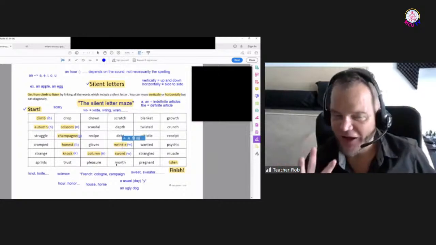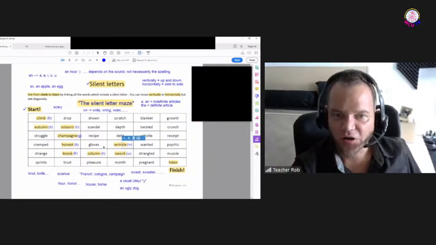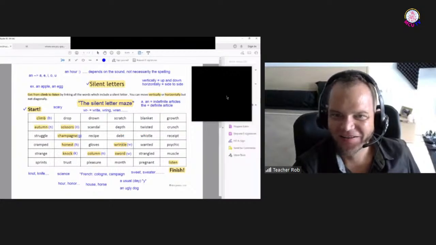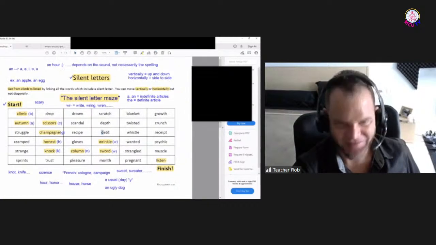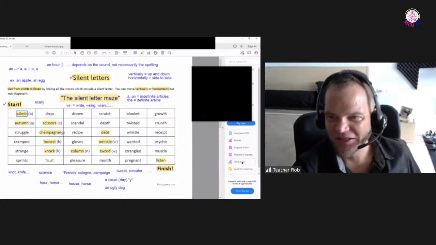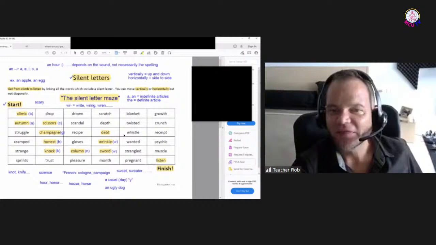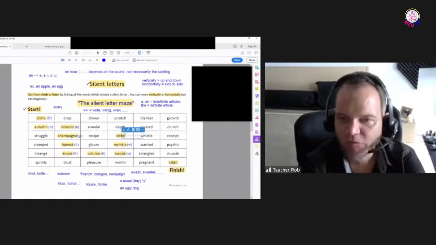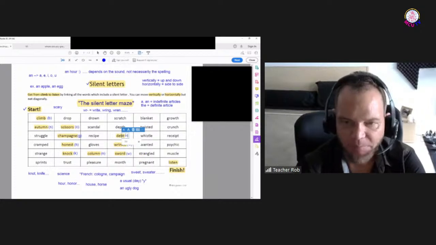Here's our next three, guys. We can go gloves, wanted, or debt. What do you think of this one? Debt. B silent. It is a silent B, just like in climb, right? So here we have a silent B. This is another weird one, there's not a lot of words in English that do this.